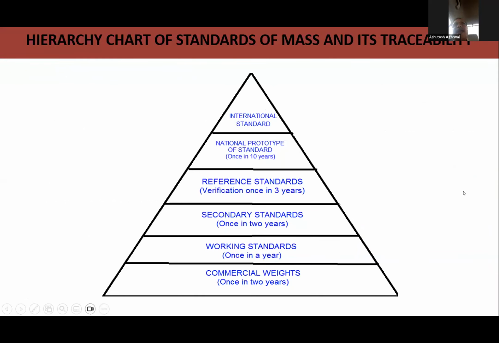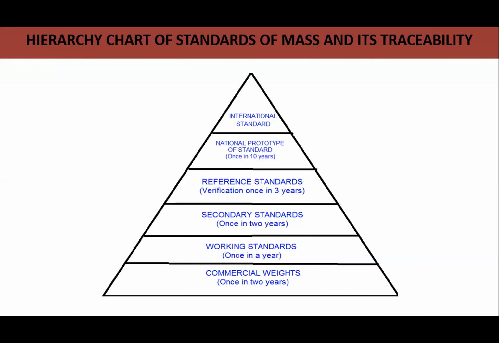If we talk about the hierarchy in legal metrology, all the standards, starting from the international standard to the weighing and measuring instruments used at the commercial level by the traders, have a chain of traceability with their accuracy or permissible limits.